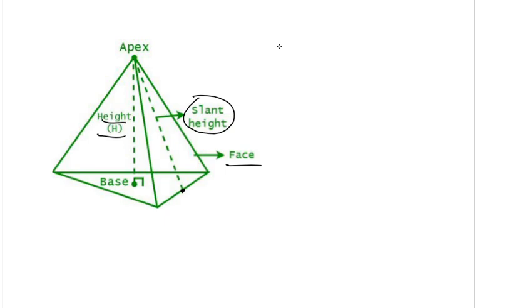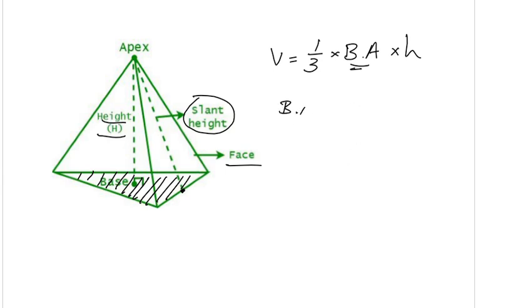For example, when we have to find the volume of the pyramid, that is 1 over 3 multiplied by base area multiplied by height. So this base area involves this area. In case of a triangular pyramid, the base area is equal to 1 over 2 base multiplied by height, where this base and height belong to this triangle.